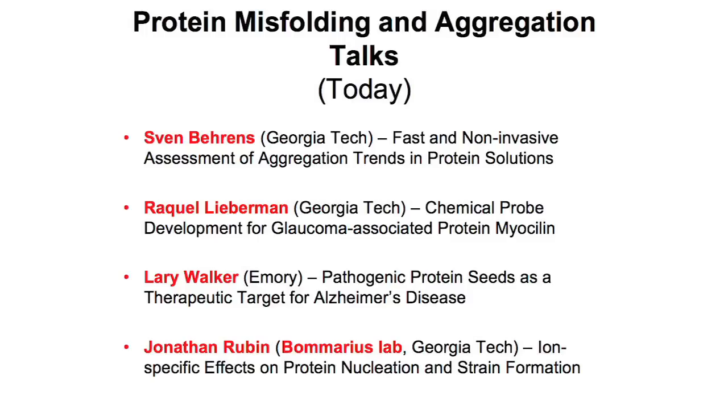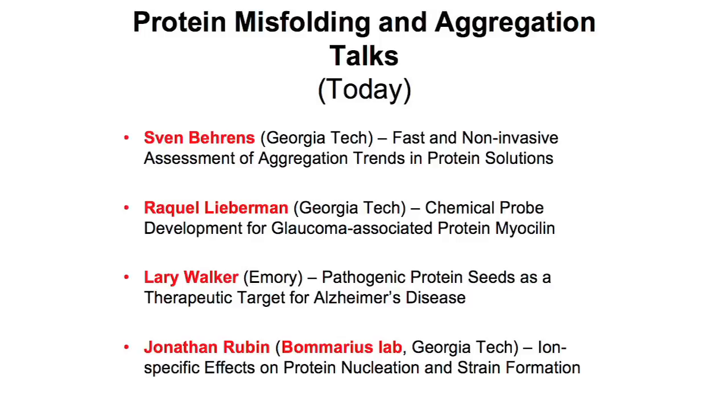So the talks we will have today will all be presented by the representatives of the labs included in our center. So we will have Sven Behrens talking about approaches to assessment of aggregation, and Raquel Lieberman about the new glaucoma-associated aggregated protein myosin.